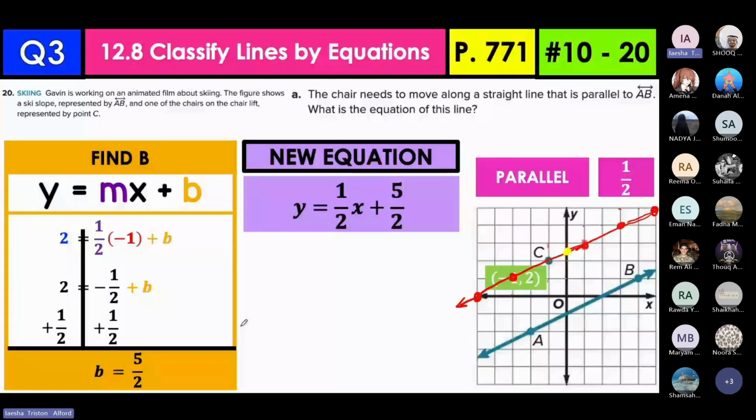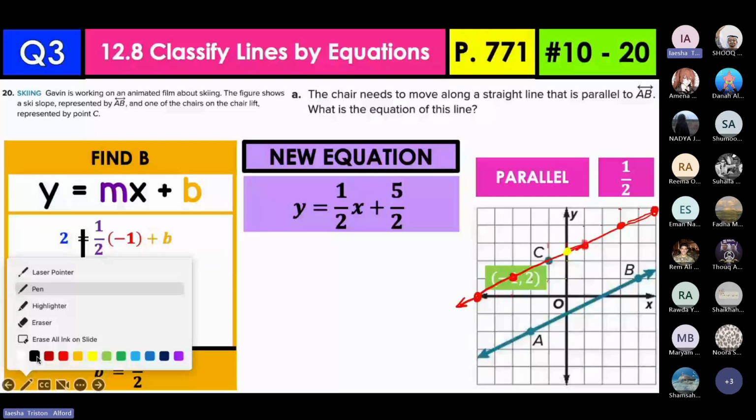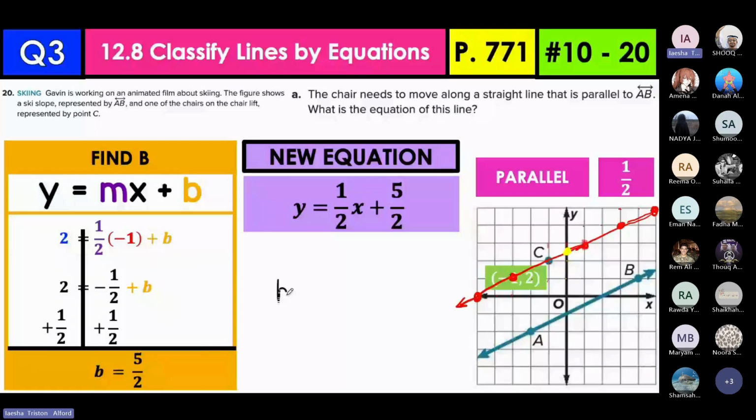So if you say b is equal to 2.5, if you change that to a decimal, it's the same as 5/2. So 3 ways to write the equation. It's your decision. Everybody's all right about that?